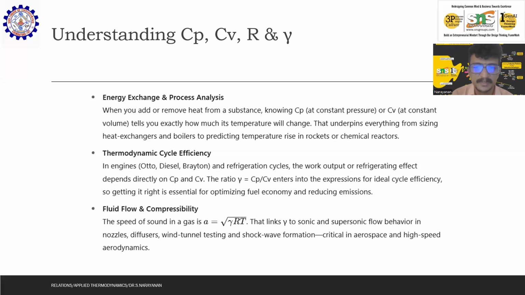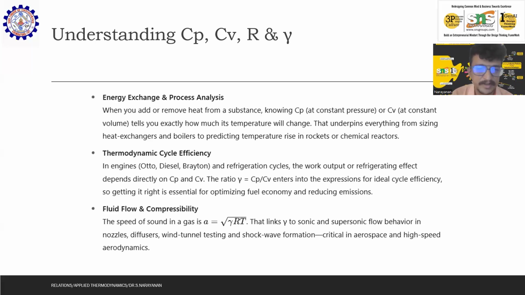In a refrigerator, the Cp and Cv values of the refrigerant take significance. The ratio Cp by Cv enters into expressions for ideal cycle efficiency, so it is essential for optimizing fuel economy and reducing emissions.